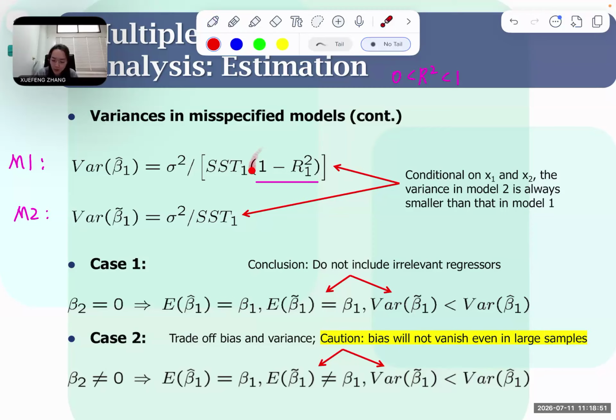Dividing by it makes model 1's variance bigger, because you are dividing by something that is less than 1. So model 2's variance is always smaller.